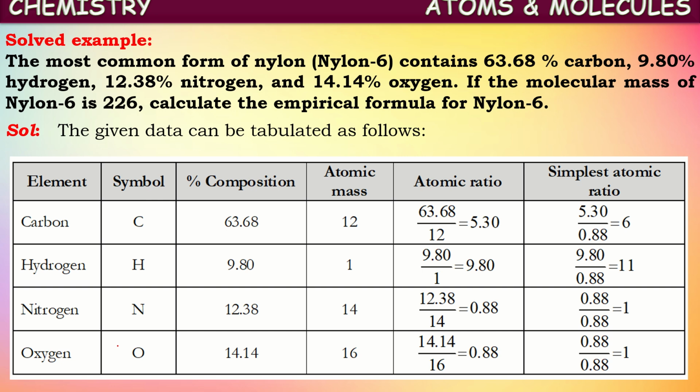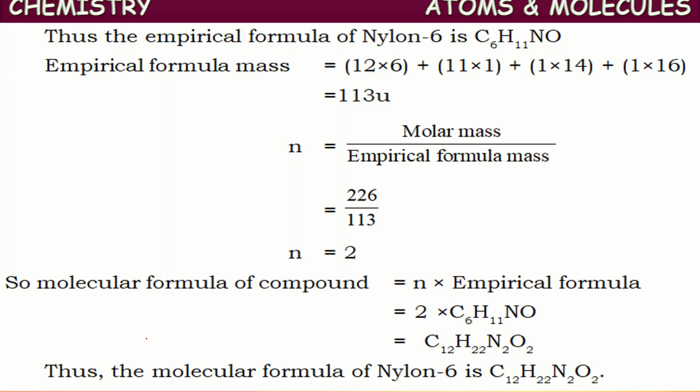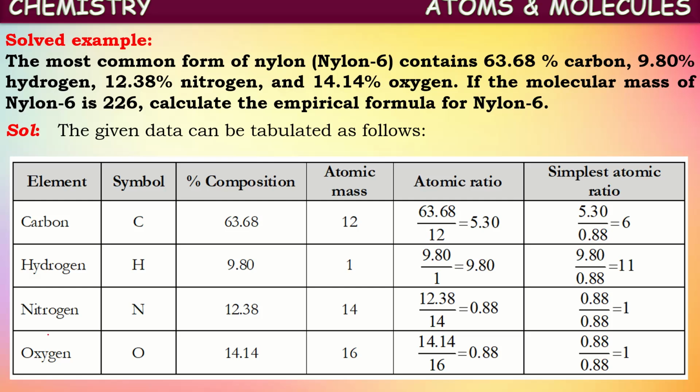See here, in the nylon 6 molecule, these are the elements present: carbon, hydrogen, nitrogen, and oxygen. In the problem, percentage composition is given. How much? Carbon 63.68, hydrogen 9.80, nitrogen 12.38, oxygen 14.14.